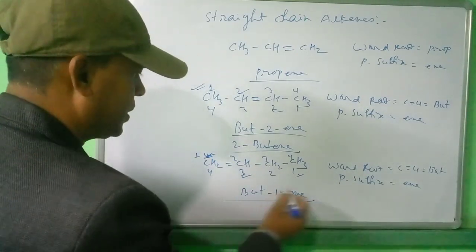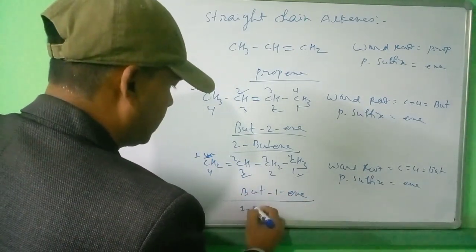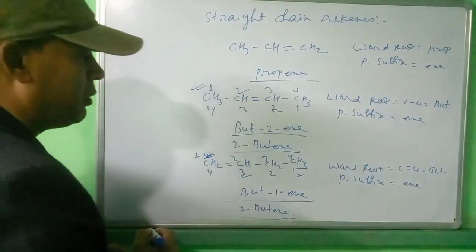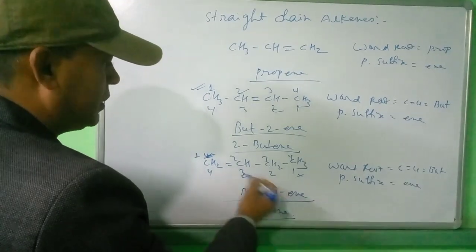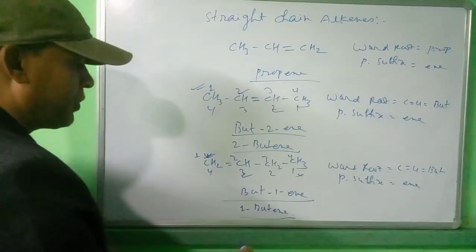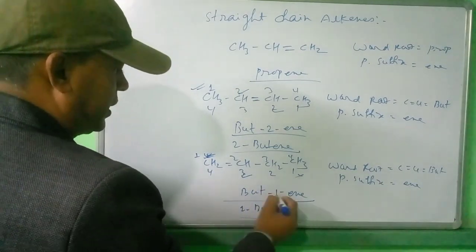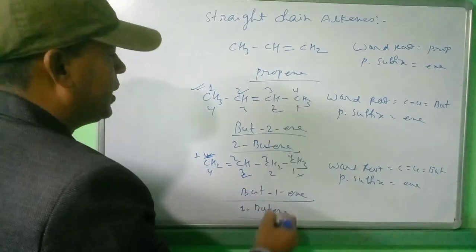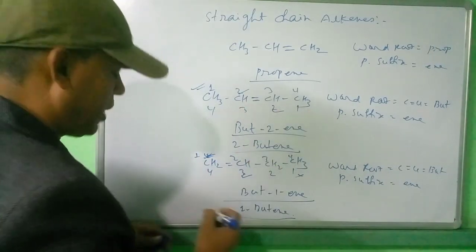But-1-ene and 1-butene also we can write. Both ways you can write the position of the double bond, before the word root or after the word root, with the primary suffix.